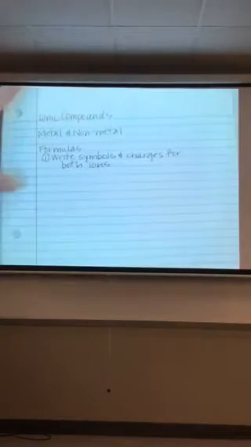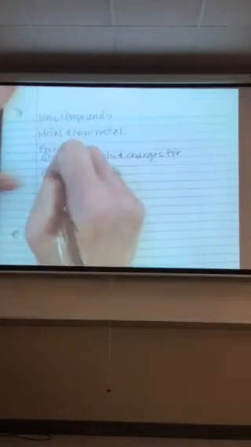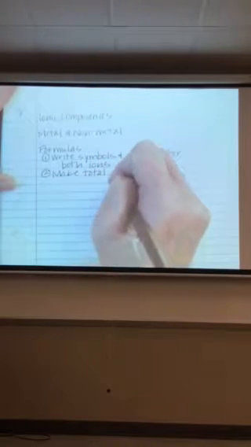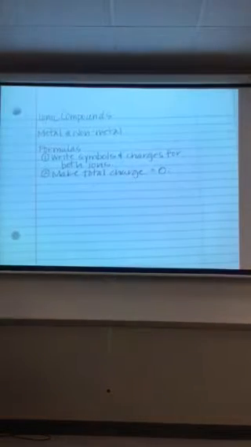And the second step is to make the total charge equal 0. So for metals and non-metals, we write the symbols and the charges for both ions, and we make the total charge equal 0. You're going to follow these steps every single time.